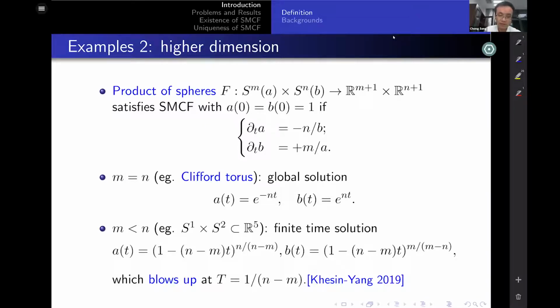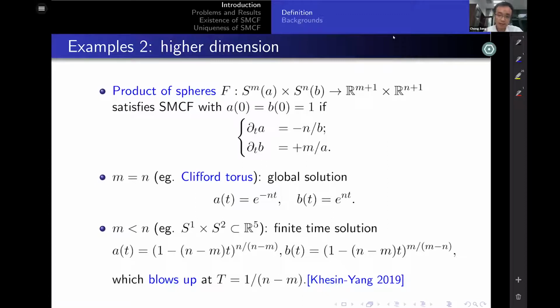But they all go to infinity, and at time infinity, it will shrink to a line actually. And when the dimensions are different, for example, the simplest example is S1 times S2 in R5, then actually the flow will blow up in finite time, which is, I believe, the first non-trivial example of a finite time solution to the high-dimensional skew curvature flow.